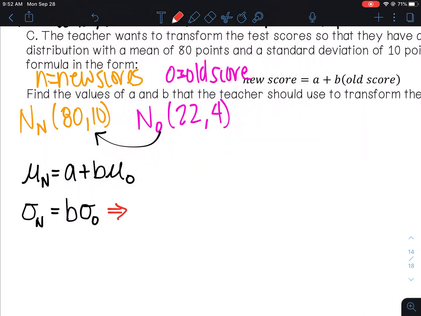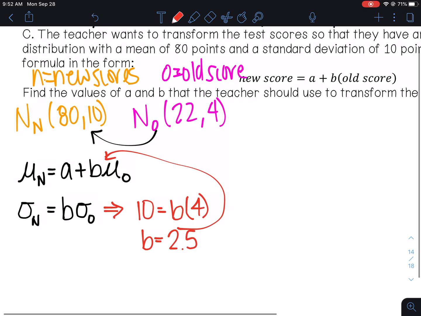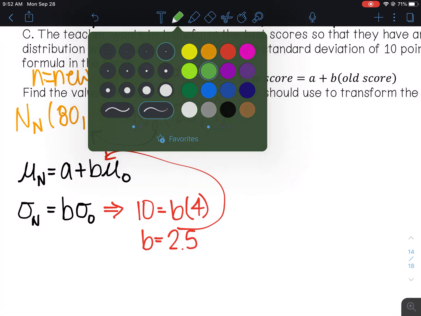So I'm going to plug in what I have, and the new standard deviation needs to be 10. I need to find B, and my old one is 4. So I'm going to divide both sides by 4, and I'm going to get B equals 2.5. That is B. Then I need to plug that in to here and solve for A. So I'm going to do some more math.